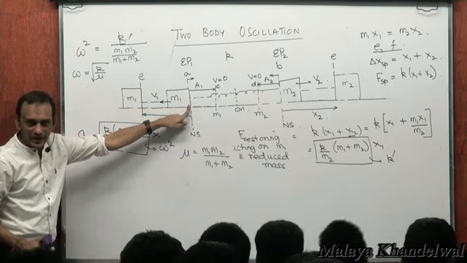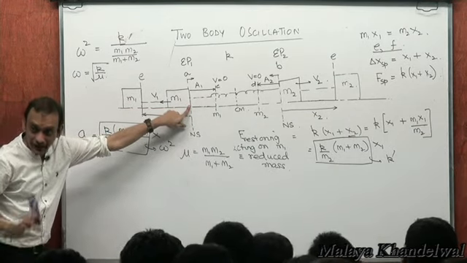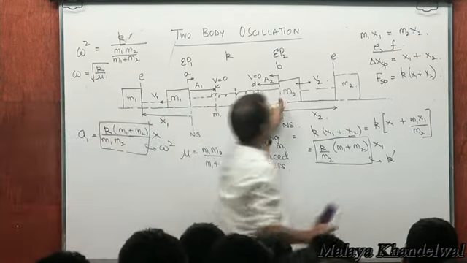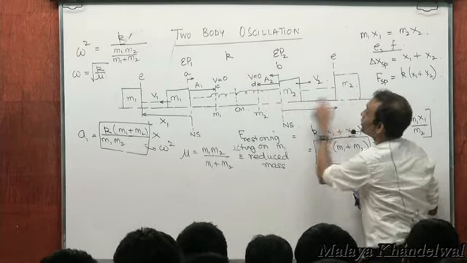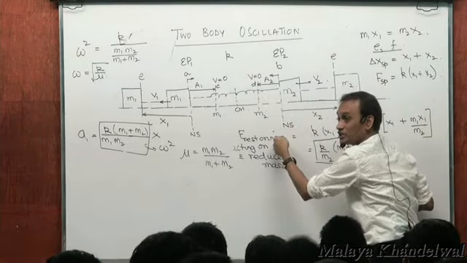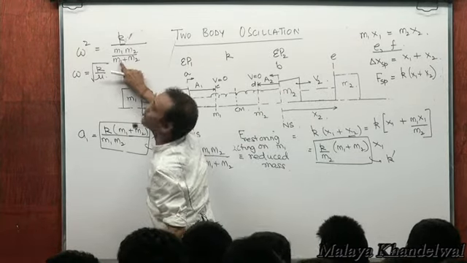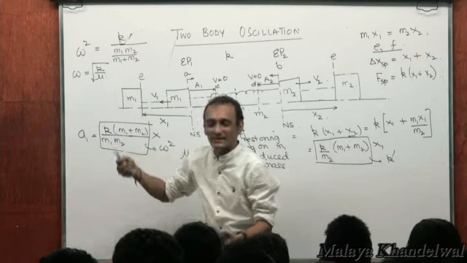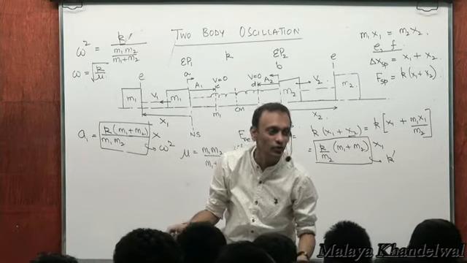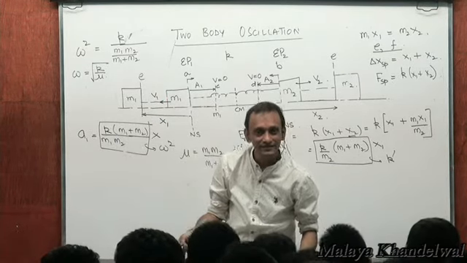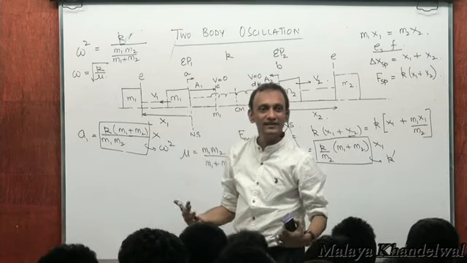With this being the equilibrium position, right? And M2 will also execute simple harmonic motion with this as the equilibrium position and with omega square given by M2 M1 by M2 plus M1. Replace M1 by M2 and M2 by M1, you'll get the omega for M2. Don't reinvent the wheel.